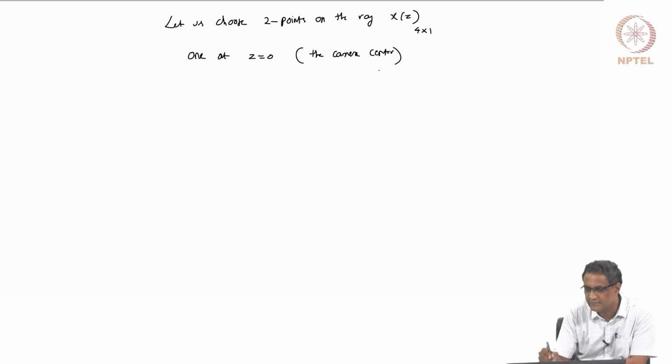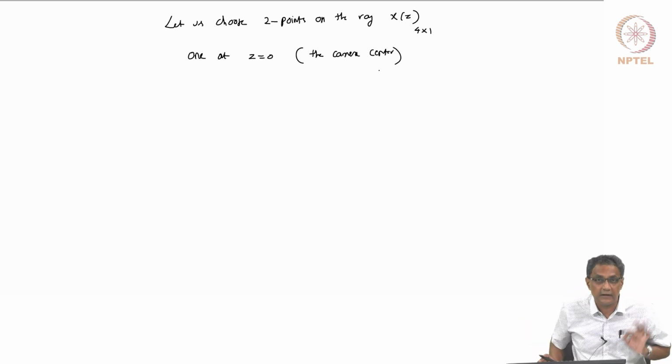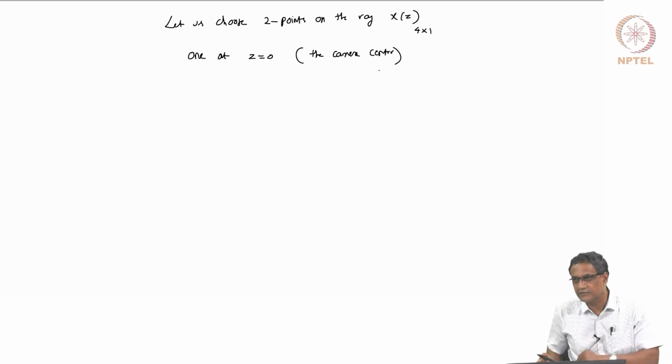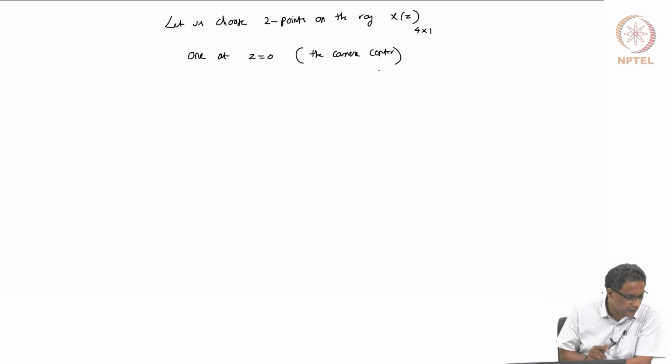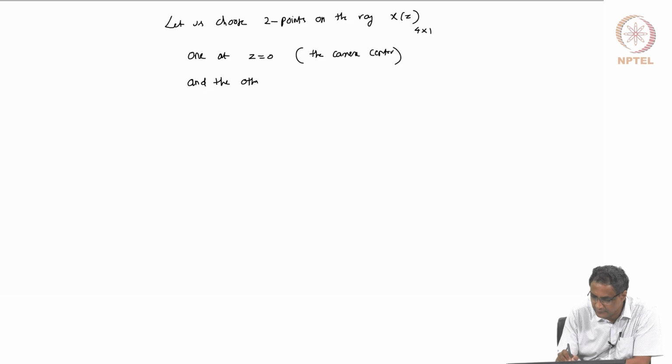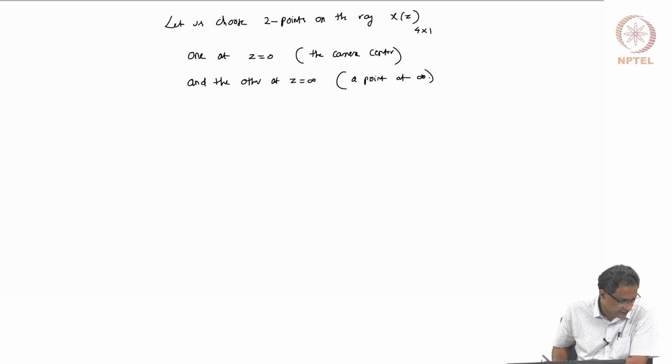The idea is that you want to take 2 points which are easy to handle, rather than taking anything arbitrary on that line. So, one at say z equal to 0 and the other at z equal to infinity, that is a point at infinity, on that projected ray.